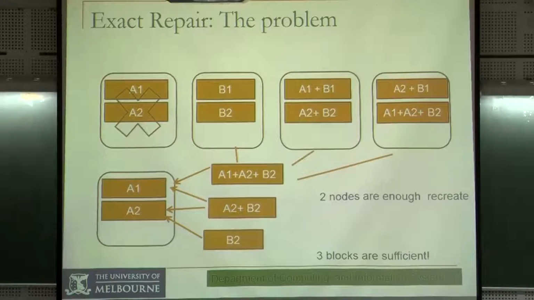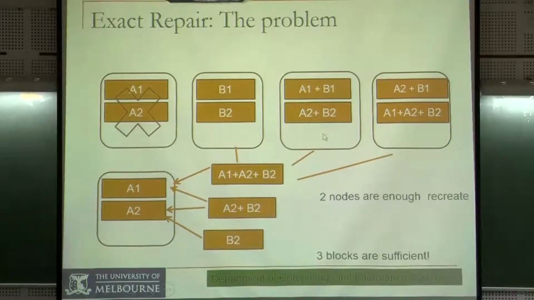For example, I can ask the second node to give A2 plus B2, and this one, A1 plus A2 plus B2, and ask it for B2. So instead of downloading the entire block, I only download half of the information from the other blocks.